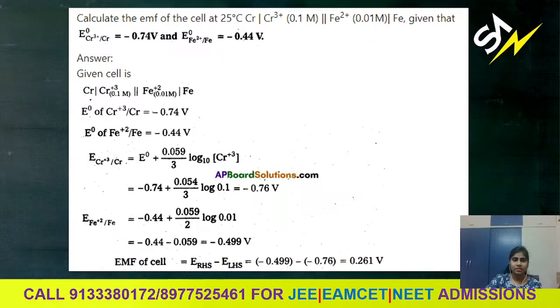The next question is a problem question from the electrochemistry chapter. It is given to calculate the EMF of the cell at 25 degrees centigrade for the reaction where chromium is converted into Cr^3+ and Fe^2+ is converted into Fe.